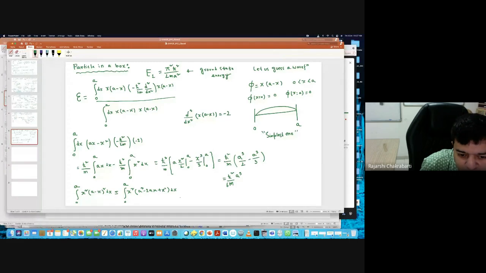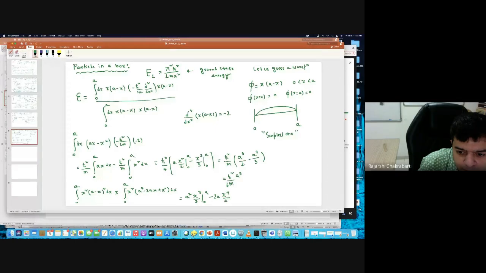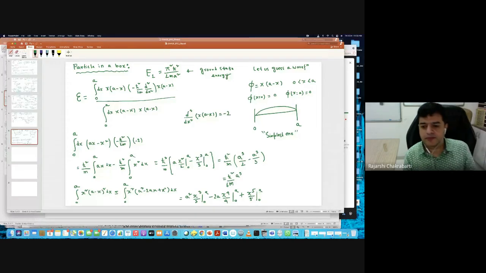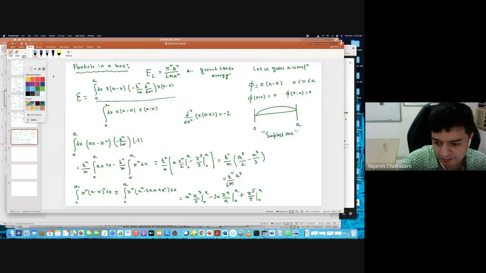Sorry, I know it is boring for some of you. The first term will give a square times x cube by 3, 0 to a, minus 2a times x to the power 4 by 4, 0 to a, and then plus x to the power of 5 by 5, 0 to a, isn't it? Is this fine? I hope I have not done anything wrong.